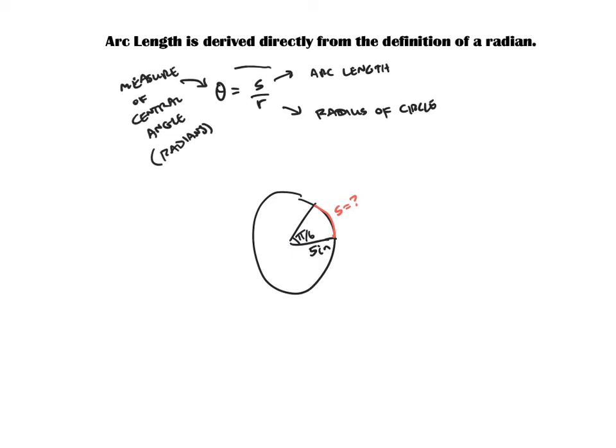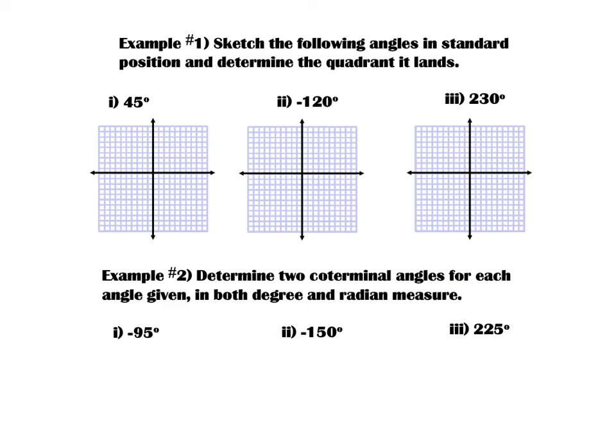Well, I can take this equation and solve for S. Multiplying both sides by r, the arc length will be r times theta. So the length of that arc would be 5 pi over 6 inches. That's the length of that arc. We're going to do a little bit more of that into the later parts of this lesson. So let's go ahead and move on.